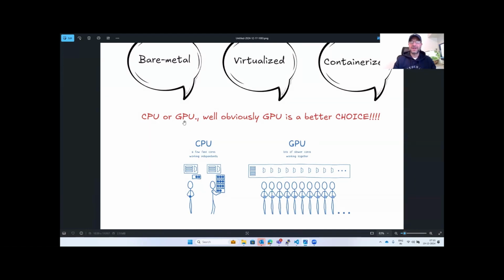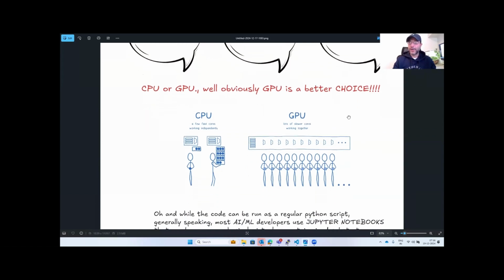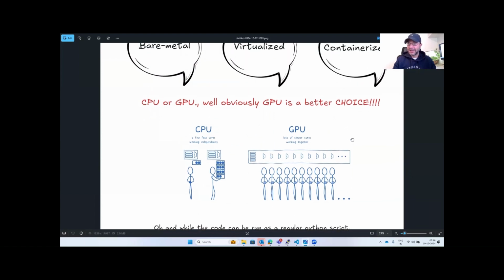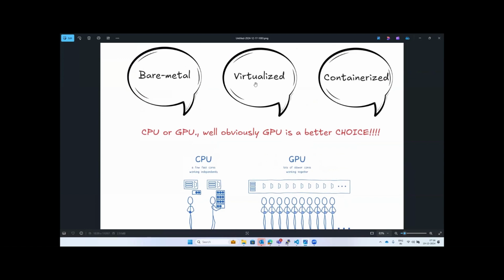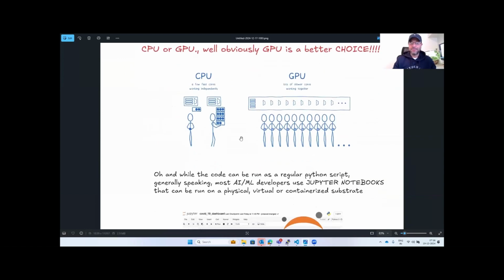The only thing that matters is GPU is obviously better because of a number of reasons, and we will not delve into that, but when you want to perform these parallel operations in terms of mathematical computations, GPUs are the way to go. That gives you speed and agility and a lot more efficiency, right? So bare metal, virtualized or containerized, CPU or GPU.